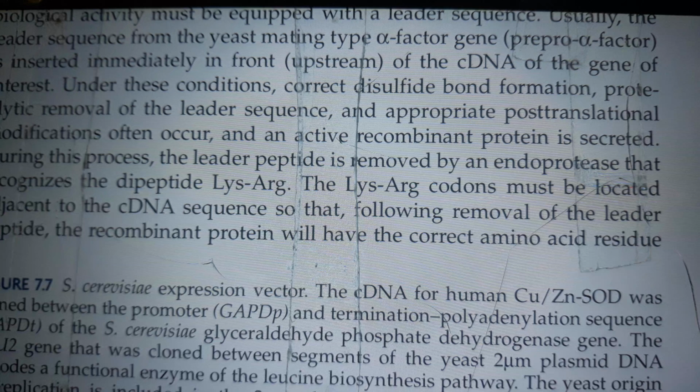The leader peptide is removed by an endoprotease that recognizes the dipeptide, as shown, lysine and arginine or arginine. The Lys-Arg codons must be located adjacent to the cDNA sequence so that following removal of the leader peptide, the recombinant protein will have the correct amino acid residue.